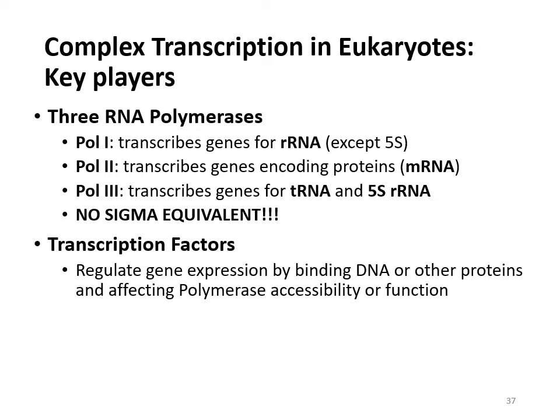Whenever you see transcription factors, these are in eukaryotes to help polymerase recognize and bind or initiate transcription. So transcription factors serve the purpose that sigma would have, to recognize and bind the DNA to start transcription.